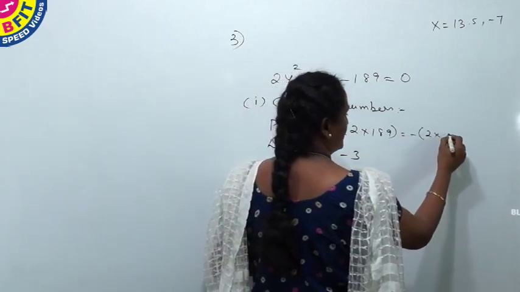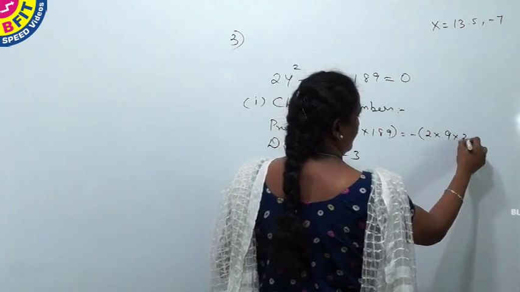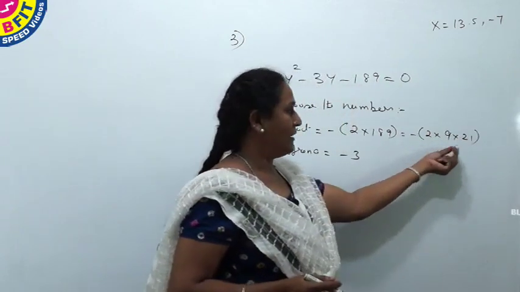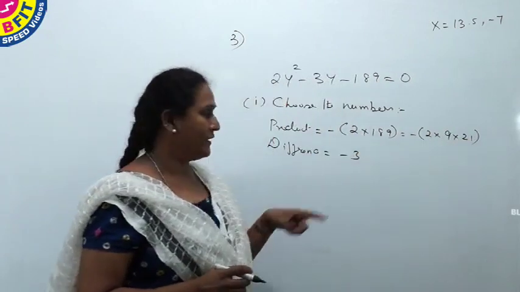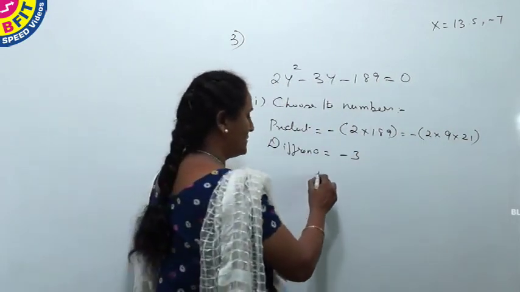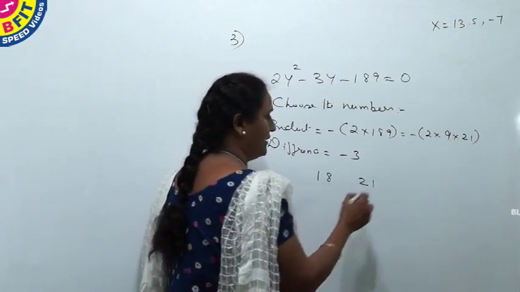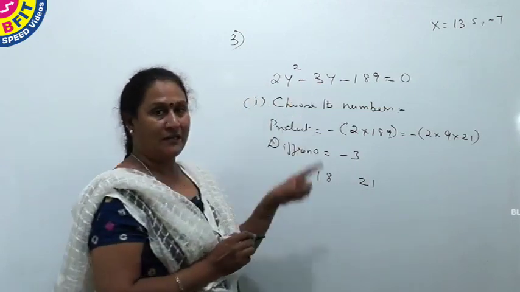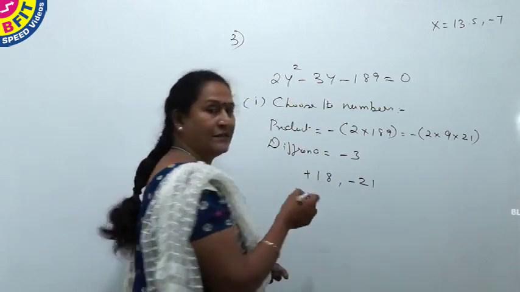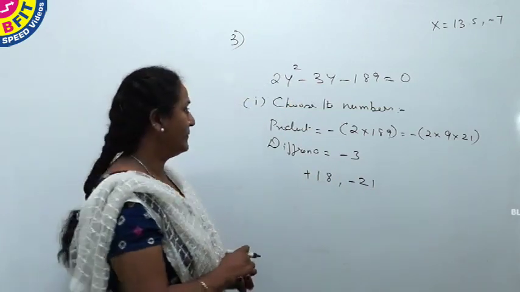So splitting this, 9 into 2, 18 and 21. So when you subtract, it ends with 3 and also difference is 3. So the numbers are 18 and 21, and as you need minus 3, give minus for the higher number, plus for the smaller number.